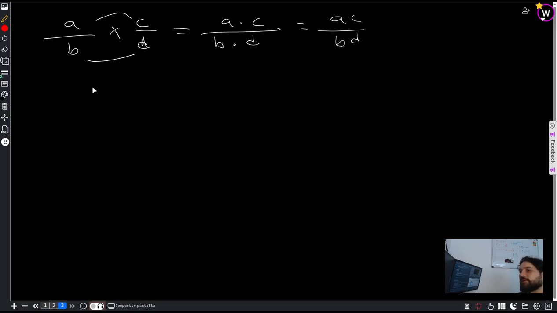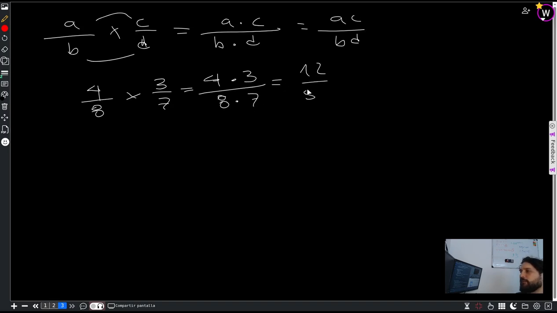If we wanted to have some example, let's say 4 over 8 times 3 over 7, for example, right? And this could be 4 times 3 over 8 times 7, which would give us 12 over 56. And if we wanted to take this to its lowest form, it would be 6 over 28, 3 over 14. And this would be the lowest expression.